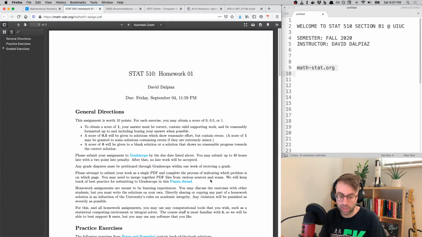But the hope is that you're able to create a single PDF of all your work and upload it. So my hope is that we can help each other with that. So I created a specific Piazza thread where you can, if you have a great system, say, oh, I really know how to make this PDF, let us know about it so we can all learn from your expertise.